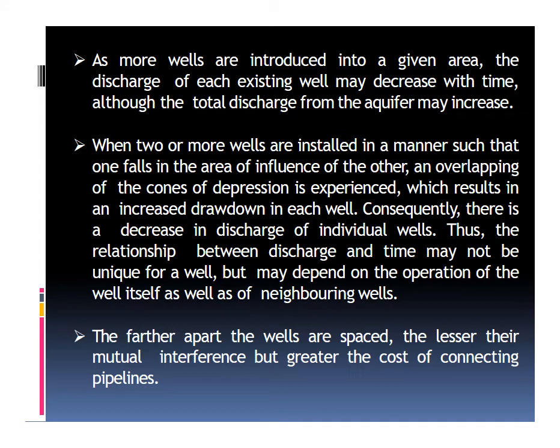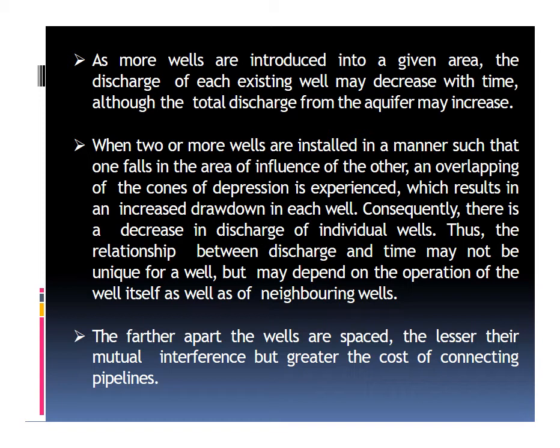As more wells are introduced into a given area, the discharge of each existing well may decrease with time, although the total discharge from the aquifer may increase when two or more wells are installed in a manner such that one falls in the area of influence of the other.